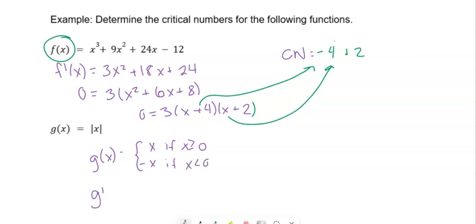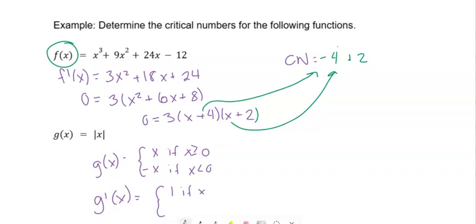If we take the derivative of this, we can see that the rate of change, or the slope, is 1 if x is bigger than 0, and -1 if x is less than 0.